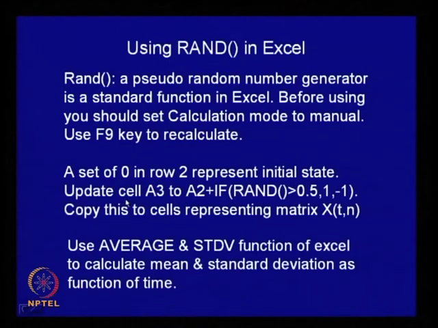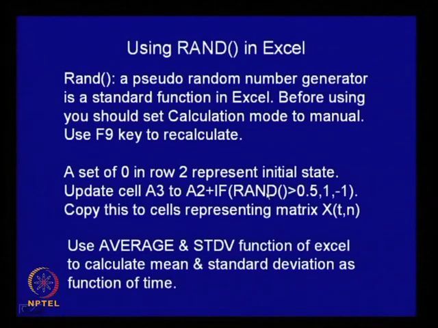Then update all cells down below this row 2 using this expression. This expression can be entered and copied. It will be A2 plus a conditional statement: if the random number is greater than 0.5, the random number generator generating a number between 0 and 1, so the probability is half basically.